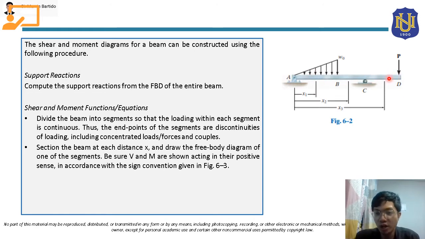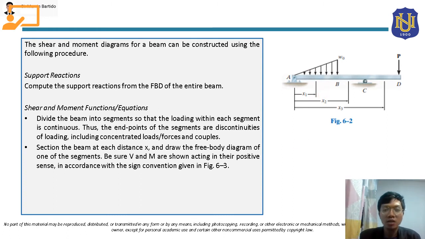If you are going to consider this right segment, this distance will be the length of this beam minus x sub 3. But for consistency, class, we are going to always measure the distance x from the left side of the beam.